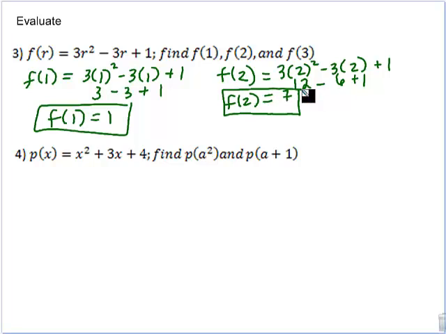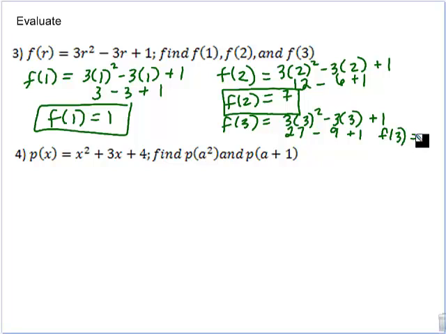Make sense? All right, f of 3. So this time, instead of the r, I'll plug the 3 in. So we'll say 3 times 3 squared minus 3 times 3 plus 1. So 3 squared is 9 times 3 is 27. So 27 minus 9 plus 1. What is this? 19. Is that okay?